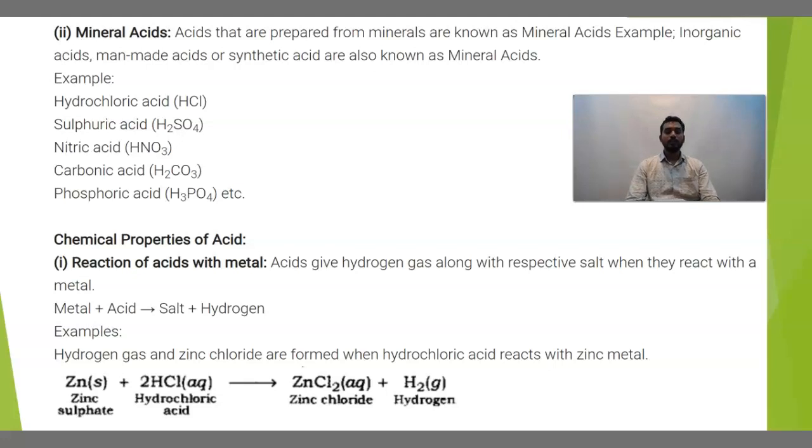Now we are going to discuss the chemical properties of acids. Children, we have totally 4 properties, but I will consider them as 3 properties. Which are the 3 properties? Number 1, reaction of acids with metals.